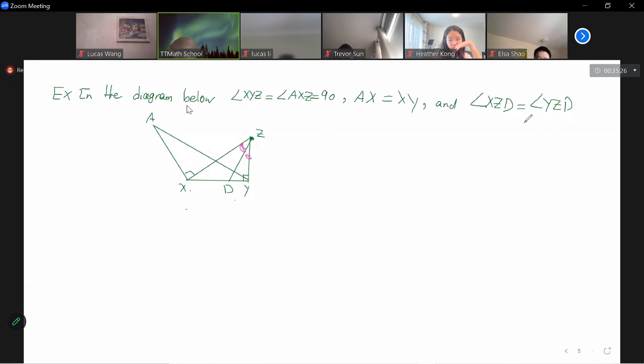Okay, so now the question is asking you to prove that ZD is perpendicular to AY.